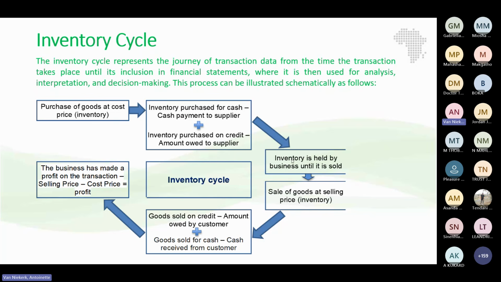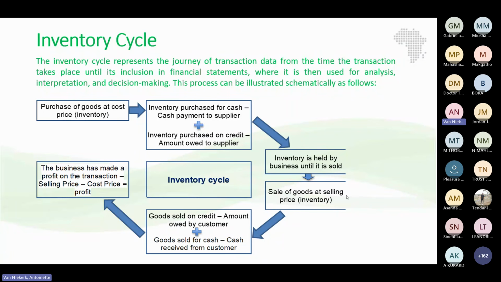Now we have inventory held by the business until it is sold. The next step is sale of goods at selling price. That was what I said at the beginning. When you purchase goods, it's at cost. But now you have these goods, you want to sell them.